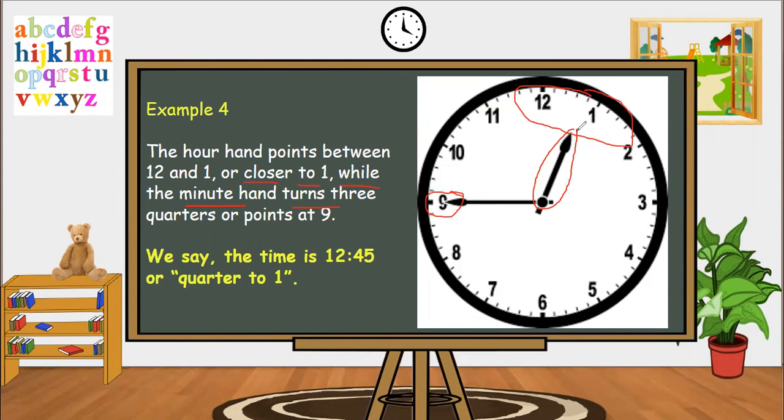So it's almost 1 o'clock. It's near to 1, but it's not yet 1. So we can say that the time is 12:45, or quarter to 1. Because 45, let's count on the minute hand: 5, 10, 15, 20, 25, 30, 35, 40, 45.